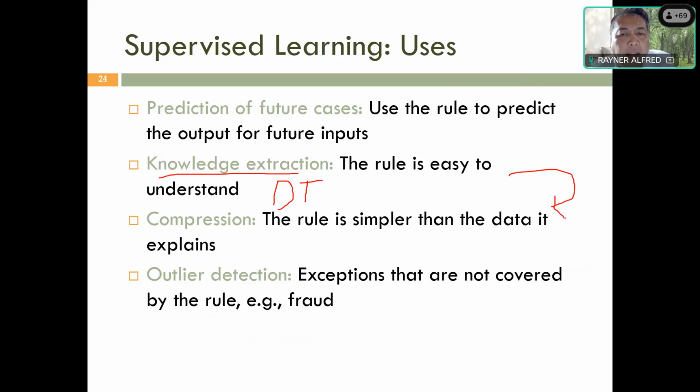Means instead of having 2 or 3 you have one rule only. We can also use supervised learning to perform outlier detection. So outlier referring to pattern which is away from the frequent pattern, which is not similar to the frequent pattern that you have.